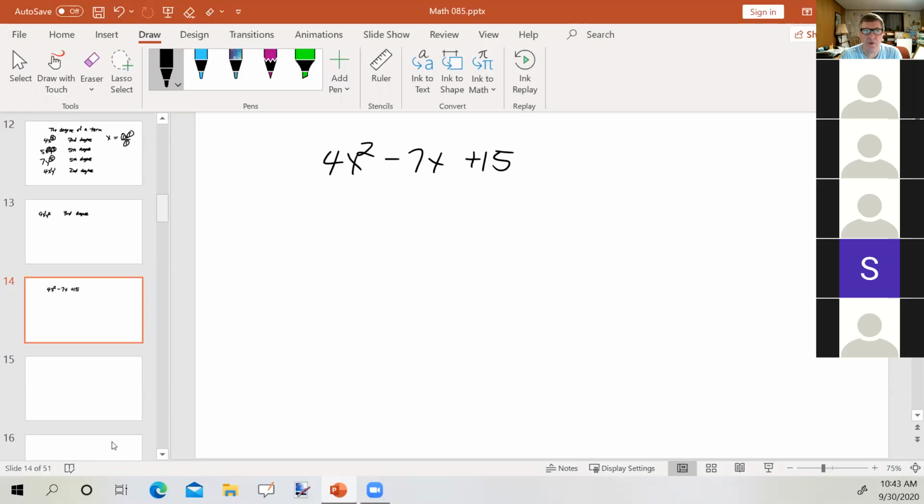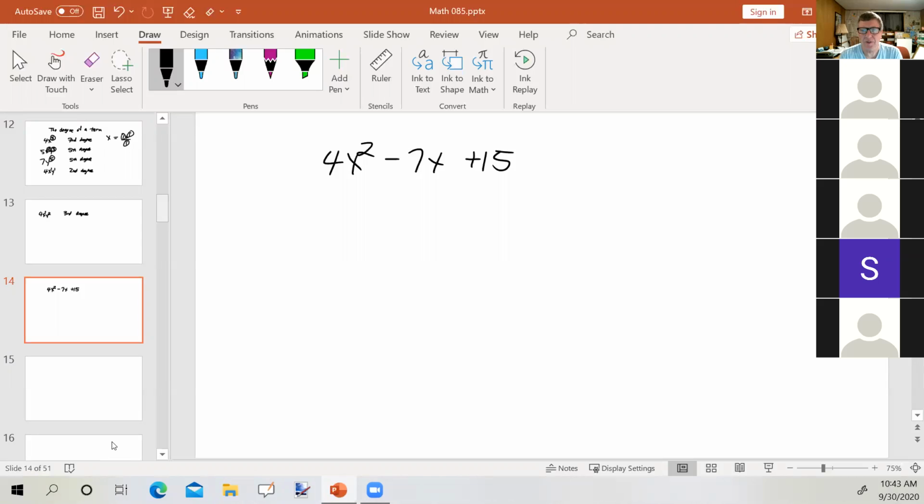The second term is negative 7x. The coefficient of the second term is negative 7. The degree of the second term is 1. The third term is 15. The coefficient is 15. The degree of the term, and this is going to kind of boggle your minds a little bit, the degree of the term is 0.